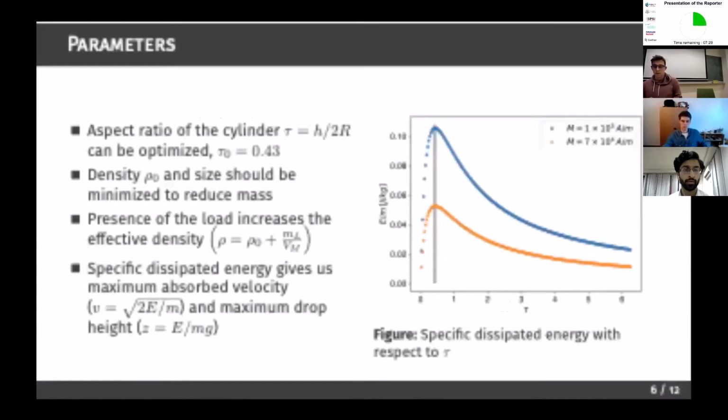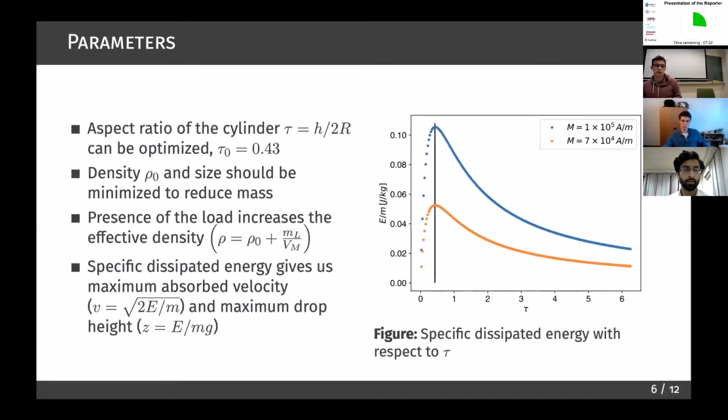The main parameter in our equations is the aspect ratio of the cylinder. We used the simulation to find the relation between the specific dissipated energy with respect to tau. Using that, we found the optimal parameter tau, which was equal to 0.43.